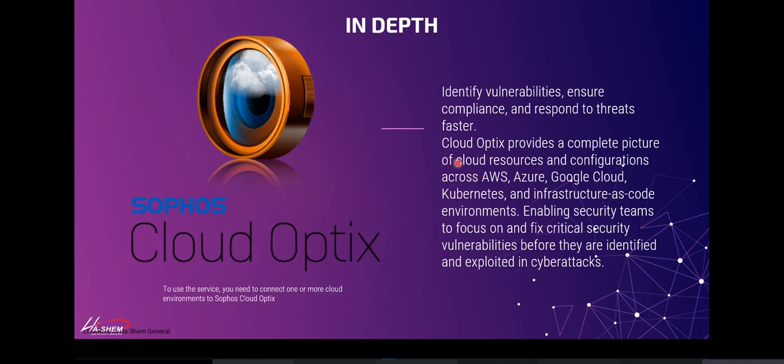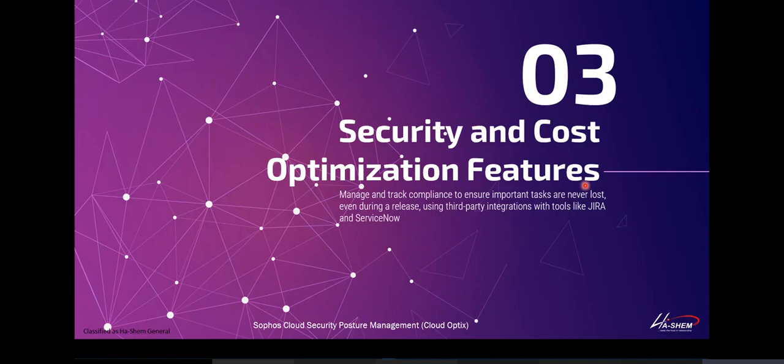Then, like I've always said, irrespective of where your cloud environment or your cloud resources are, either AWS, Azure, your Kubernetes, infrastructure as code, anywhere, it enables your security team to focus on and fix all those critical security vulnerabilities that you might be having there, and helps you keep up to date on everything.